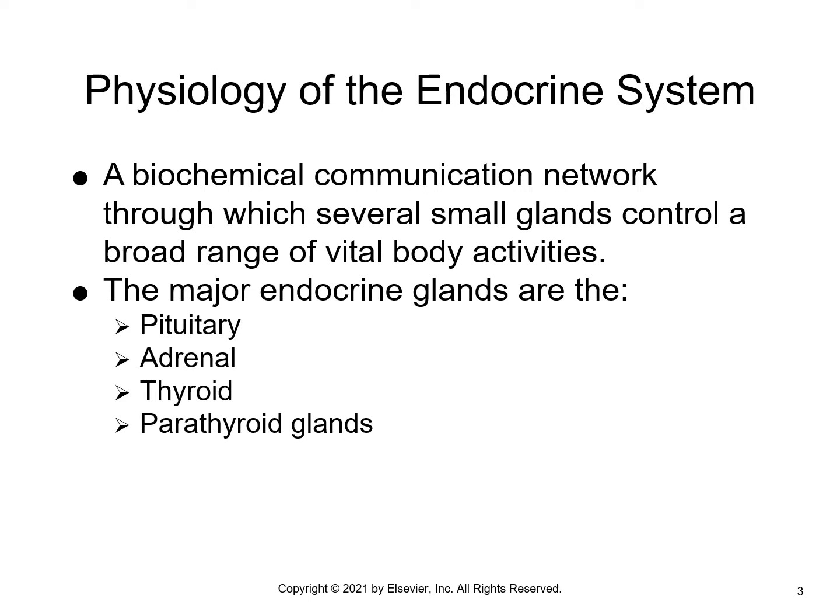The physiology of the endocrine system is really a complex process. It consists of a biochemical communications network through which several small glands control a broad range of vital body activities.